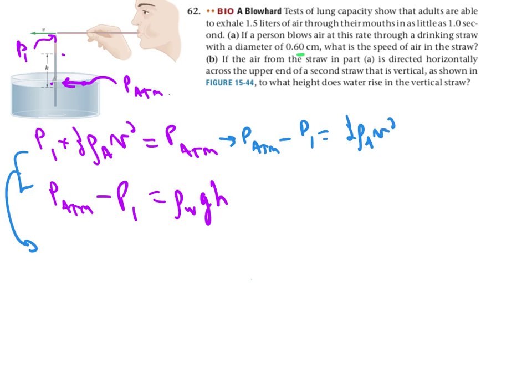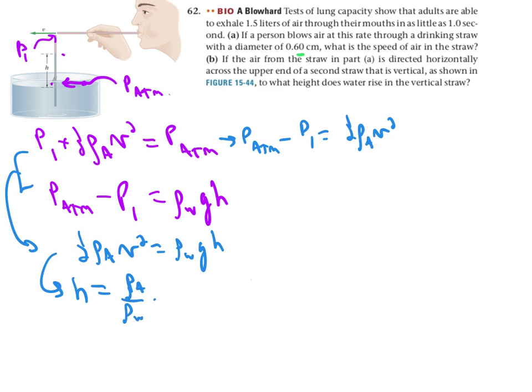And so down here we have that 1/2 rho air V squared equals rho water g h. We're solving for h, so we'll divide everybody over, and that will give us a new equation where we'll have rho of air over rho of water times V squared over 2g.